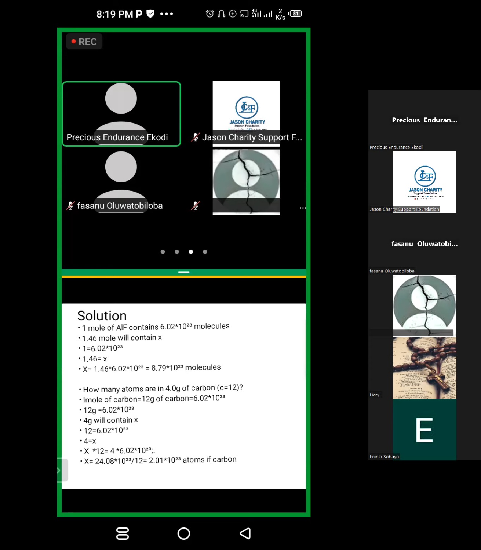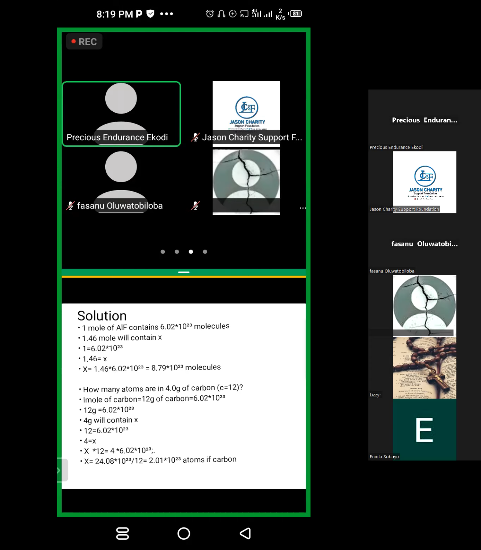Now, just as I said earlier, 1 mole of a substance is the same thing as its atomic mass, and it's still 6.02 times 10 raised to 23.